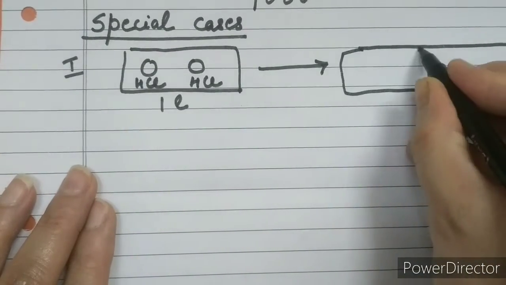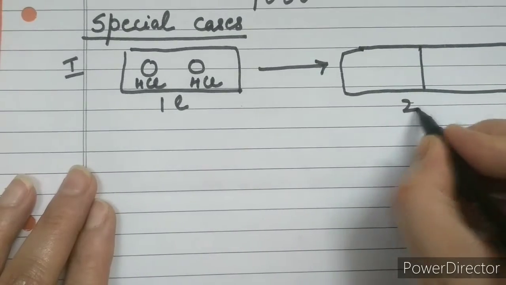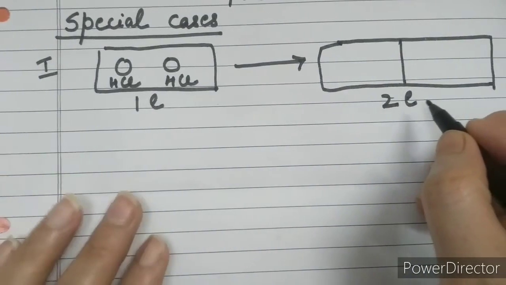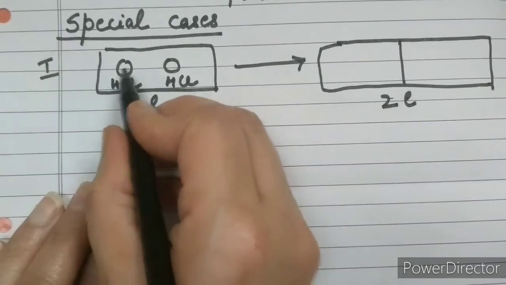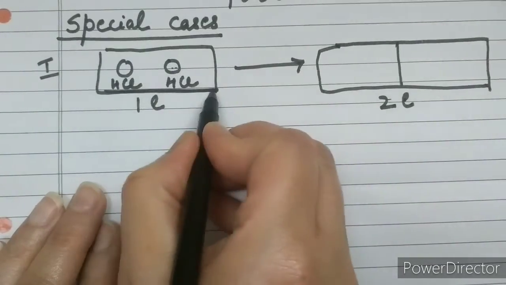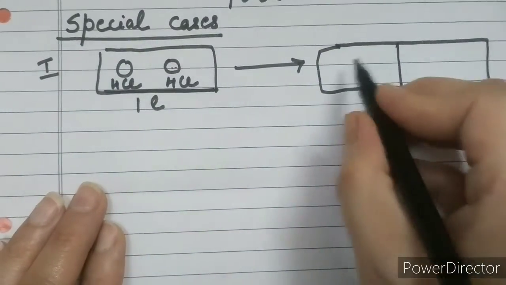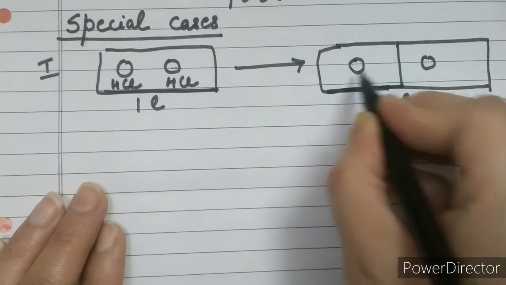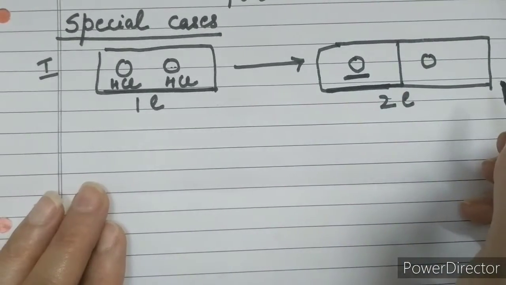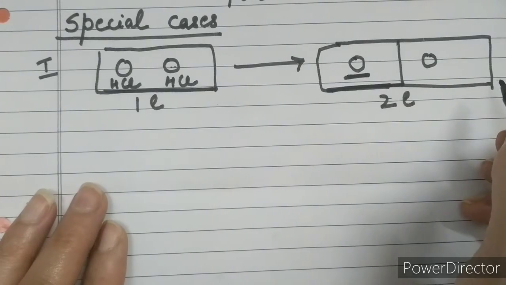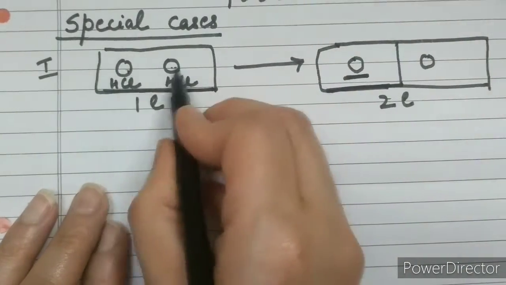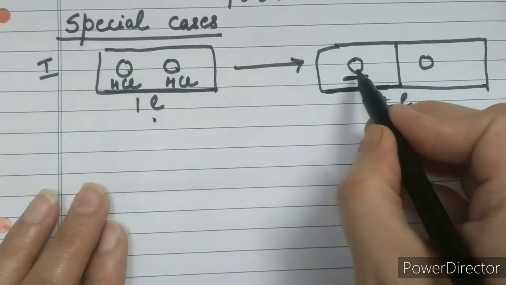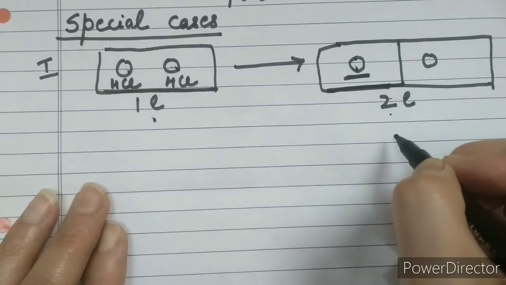Now the total solution becomes 2 liters. That means where 2 moles were in 1 liter, now the same 2 moles are distributed in 2 liters, but for 1 liter there is only 1 mole present, right? That means molarity, which was 2 moles per liter, changes to 1 mole per liter on dilution.